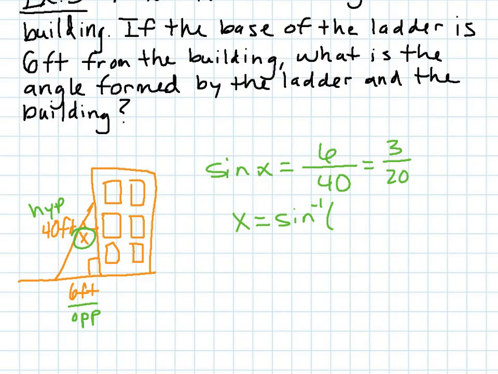So the inverse sine of 3/20 in my calculator, and make sure your calculator's in degrees here, gives me an angle measurement of 8.63 degrees. So therefore that would be my answer. And that would be it.